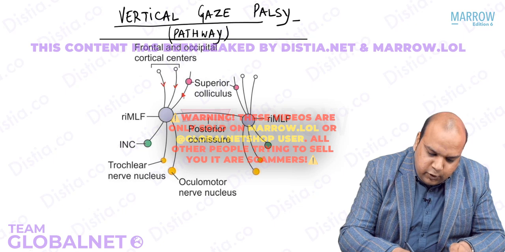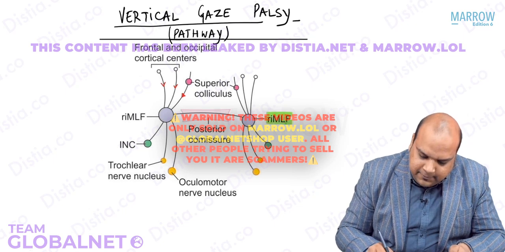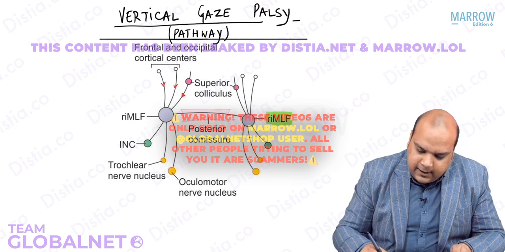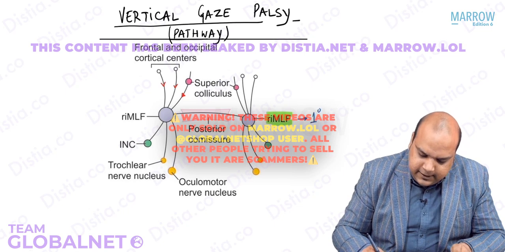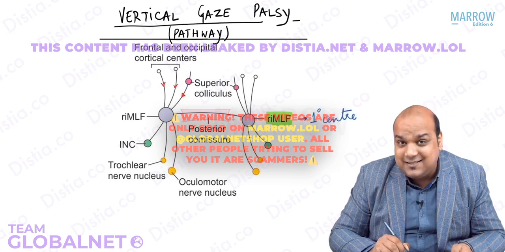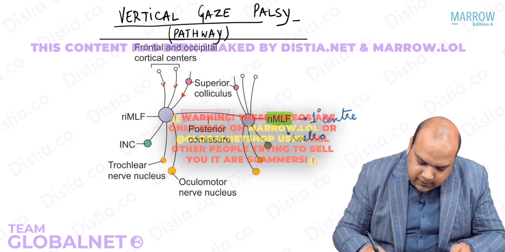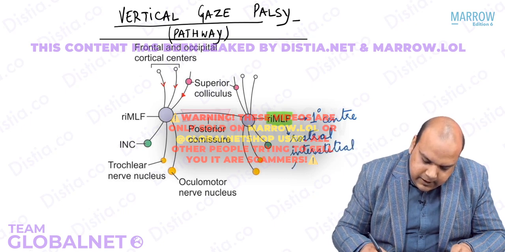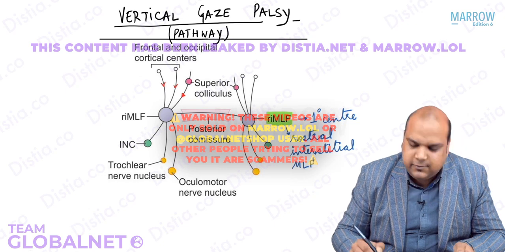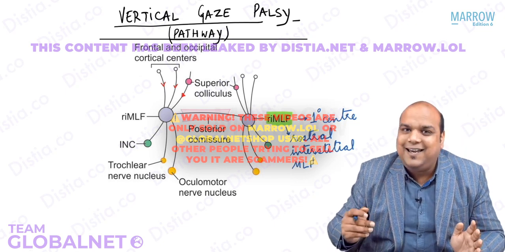The first name that I want you to focus on is RIMLF. Okay? RIMLF is said to be the primary center for vertical gaze. What is the full form of RIMLF, everybody? Rostral interstitial medial longitudinal fasciculus, MLF. Yes, RIMLF.